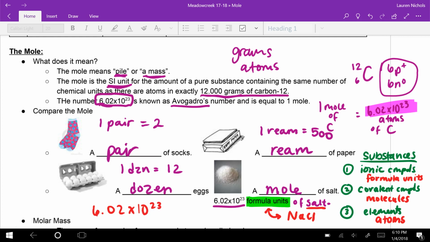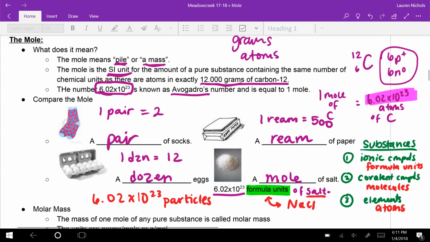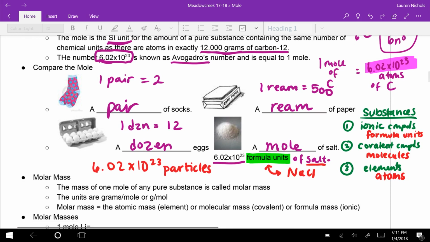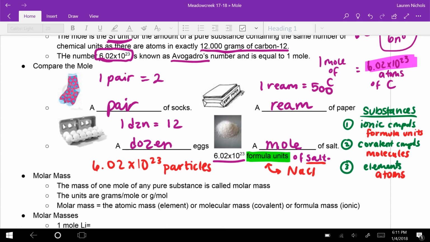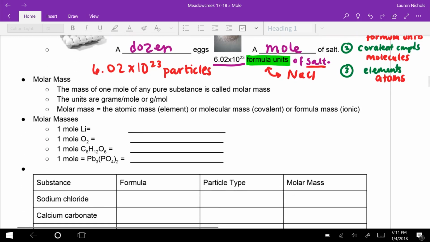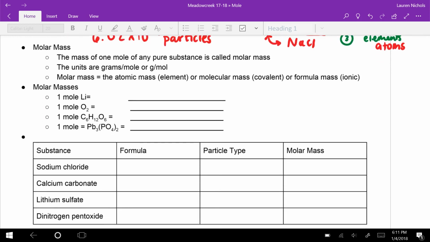It could be 6.02 times 10 to the 23 particles. And we could use the word particles as just the sciencey word for things. It could be anything. I could have 6.02 times 10 to the 23 Chick-fil-A sandwiches, and then I would have 1 mole of Chick-fil-A sandwiches. In fact, with how large those are and how large that number is, that would probably be enough Chick-fil-A sandwiches that it would fill the entire world. So that would be quite a lot of sandwiches.